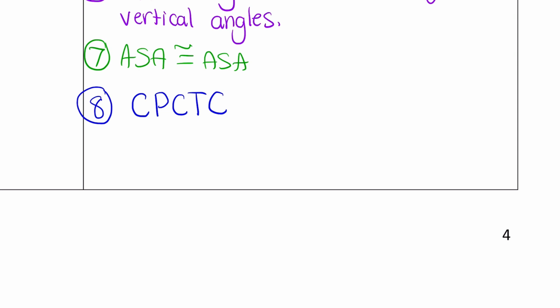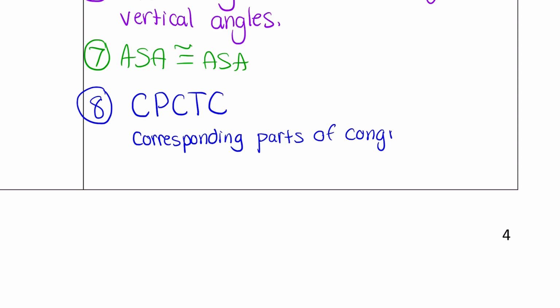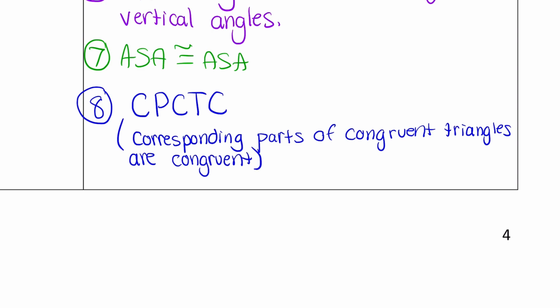So just remember that this stands for corresponding parts of congruent triangles are congruent. So you do not need to write both. You can do one or the other, but just try to remember what it stands for. So very clearly, this is your CPCTC.